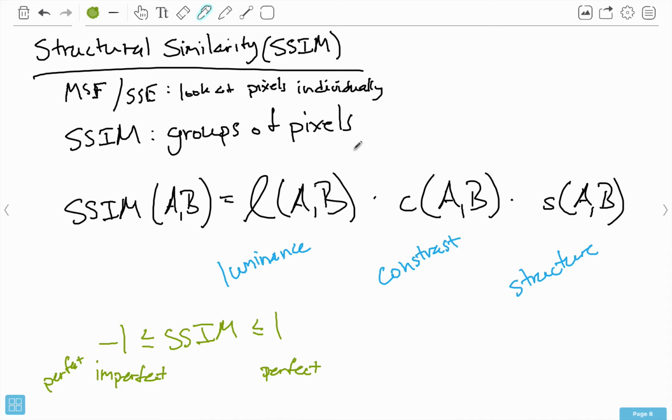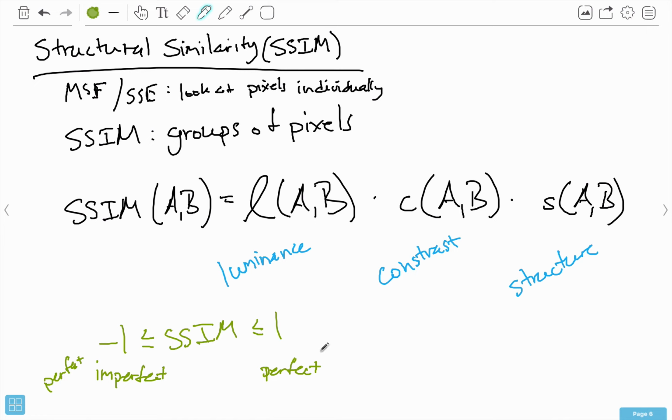And looking at groups is a bit better because it's more representative of how humans view images. So any of the small tiny variations in the image that mean squared error will pick up, structural similarity will actually account for. And so structural similarity is also generally a better approach to image similarity, although at some cost.